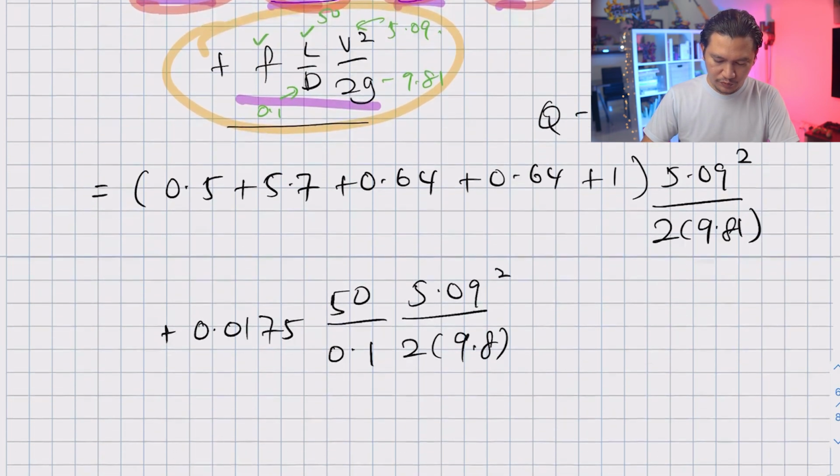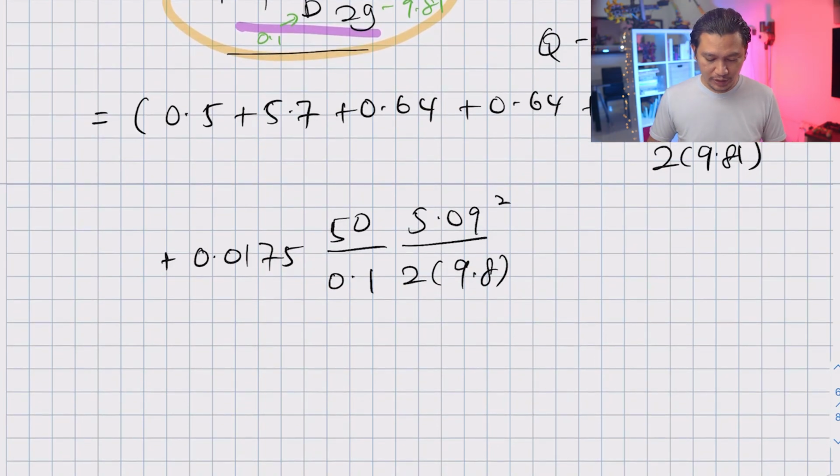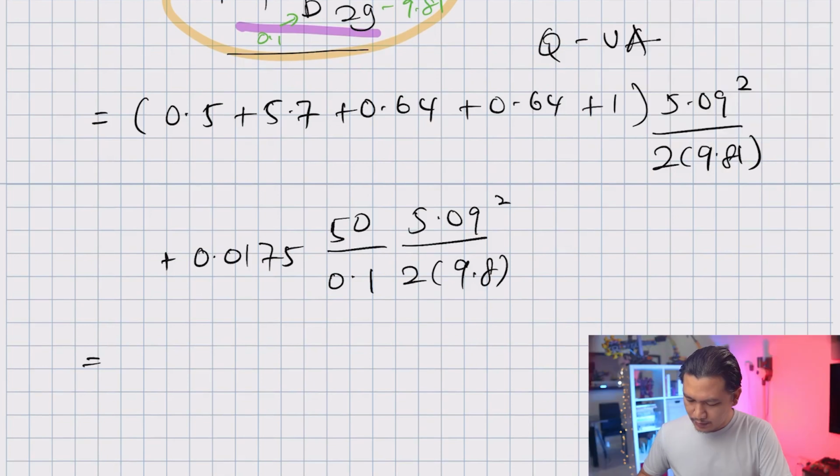I think this is quite convenient because we already have all the values. So, let's plug it into our calculator. This is 5.09 square divided by 2 divided by 9.81 times 0.5 plus 5.7 plus 0.64 plus 0.64 plus 1. That is 11.197. I'm going to write 11.2. That is our minor loss, plus 0.0175 times 50 times 5.09 square divided by 0.1 divided by 2 divided by 9.81.